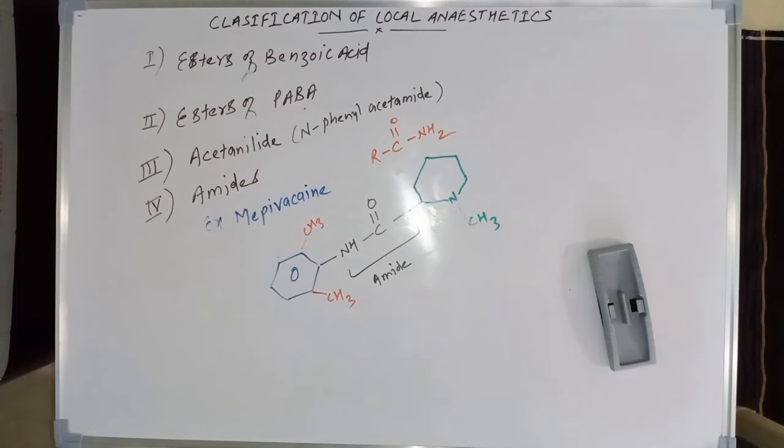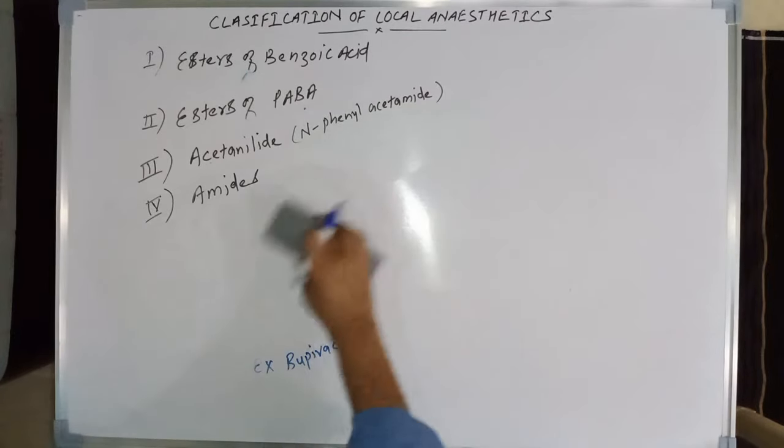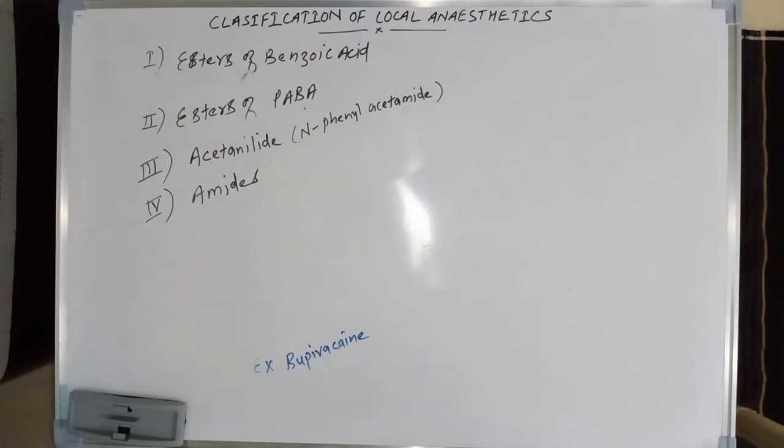Now there is another good example, bupivacaine. What is the structure of bupivacaine? Bupivacaine means bu, 4 carbon species is there.